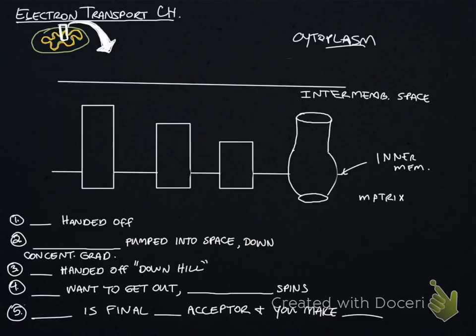So let's get our electrons. Remember, we had 12 of them, and they're going to be handed off down these proteins.